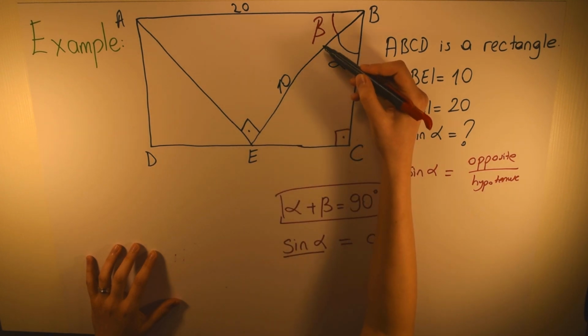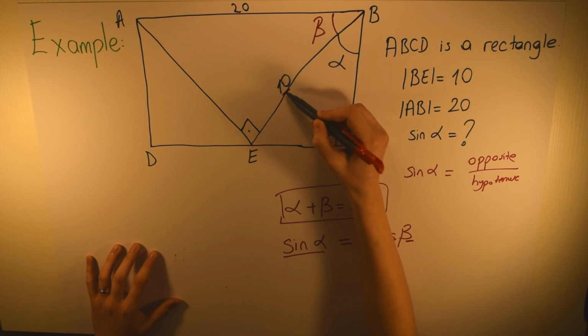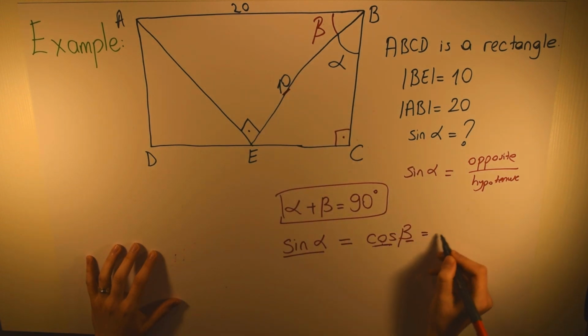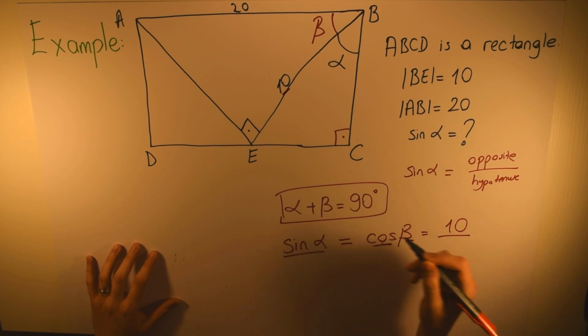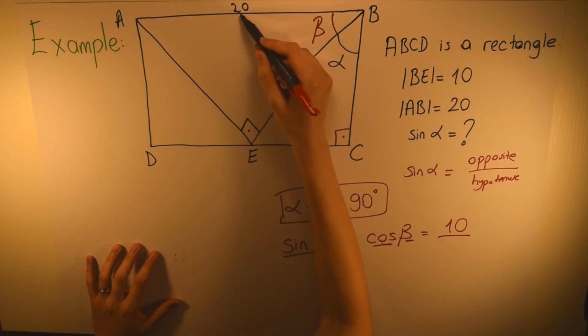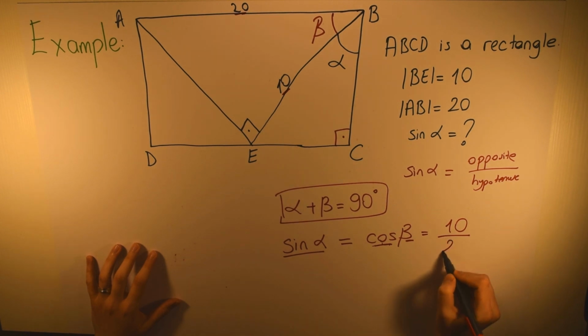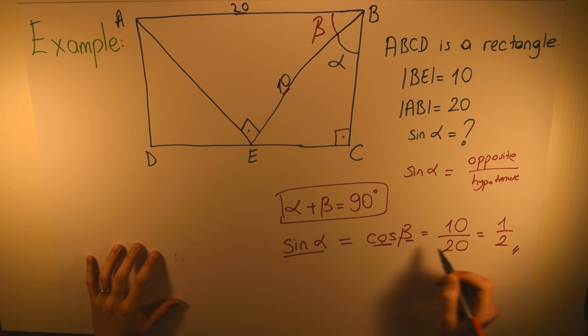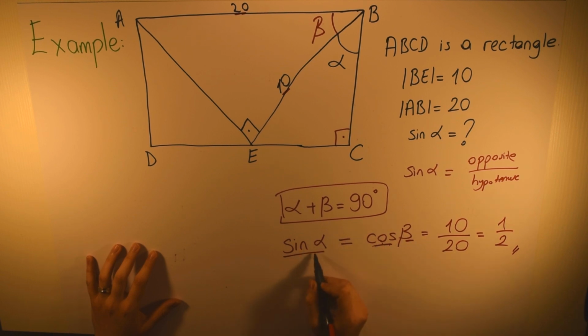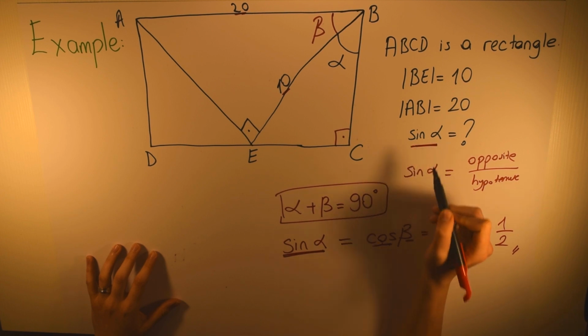Our adjacent side is equal to 10 over our hypotenuse, which is 20. So it's 10 over 20, which is equal to 1 over 2. This is our cosine beta value, which is also our sine alpha value, our answer here.